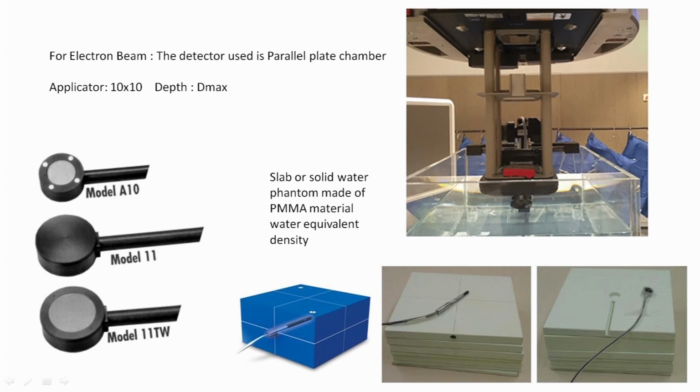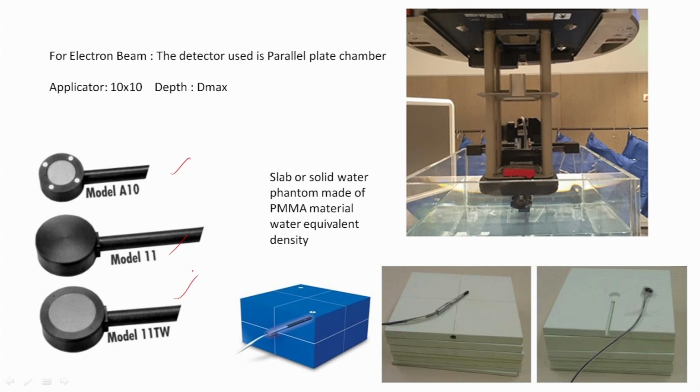But when you want to do an output measurement for an electron beam, the change is that here the beam is electron, so the same ionization chamber, the Farmer chamber, cannot be used for the absolute dose measurement of an electron beam. So here a different chamber, which we call a parallel plate chamber, is used for the purpose of absolute dose measurement.